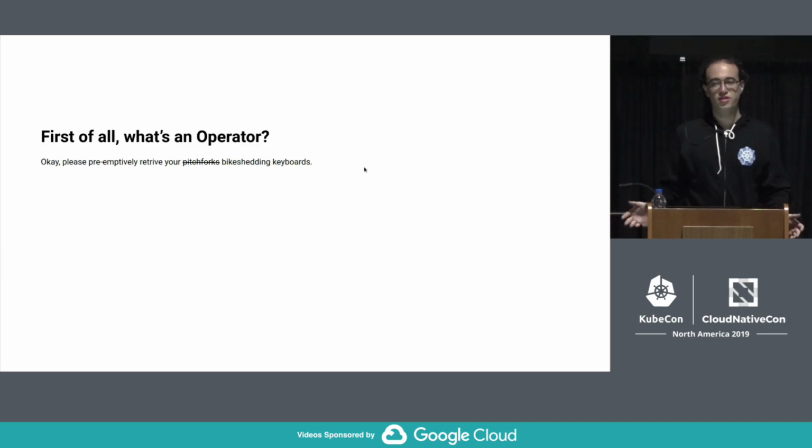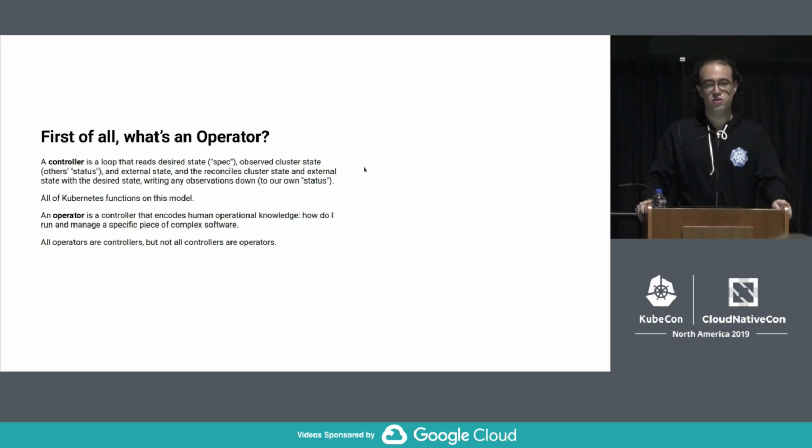Before we get started, let's quickly talk about some definitions. To define an operator, we have to define a controller. A controller is a loop that reads desired state, observed cluster state, and potentially some external state, things like load balancers on your cloud, for instance, and then reconciles the desired state with the observed cluster state and the observed external state, and writes down observations at the end so that other things can see what we're doing.